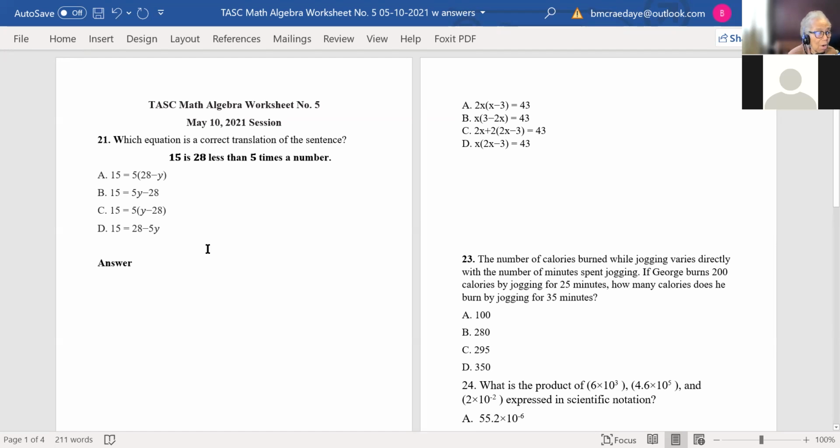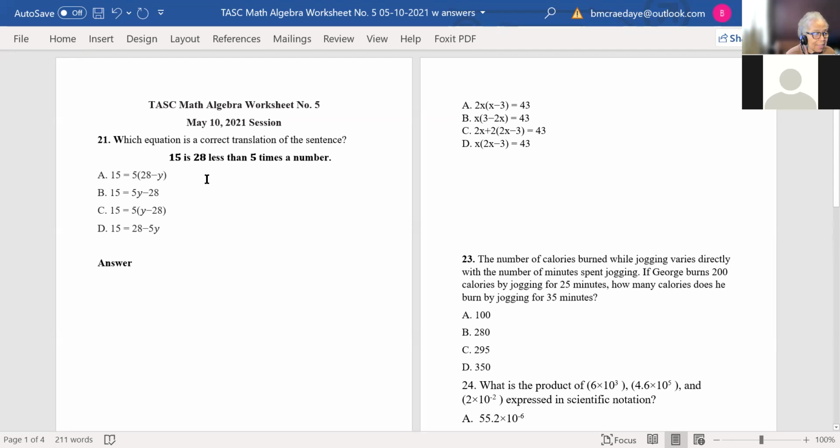Well, in words, this is saying 28 less than 5 times a number. That's saying 15 is 28 less, right? This is saying 5 times a number less than 28, because here you're subtracting 5y.